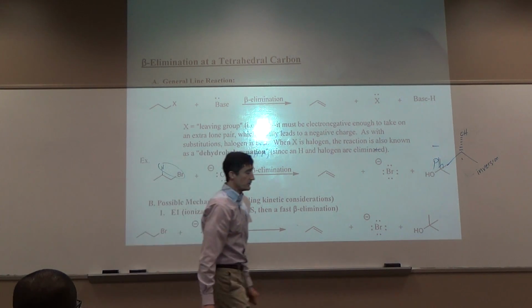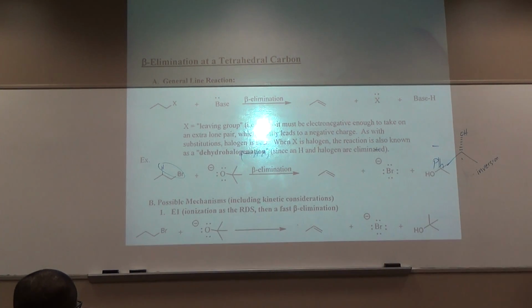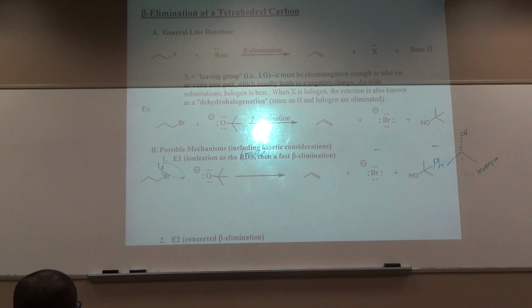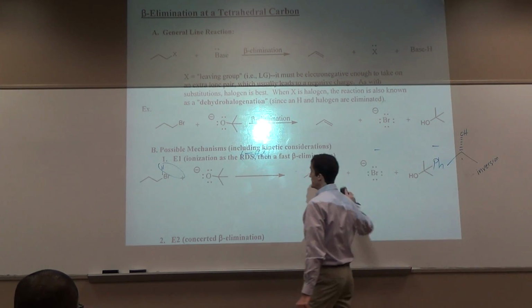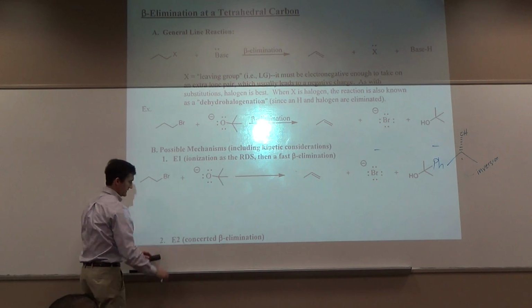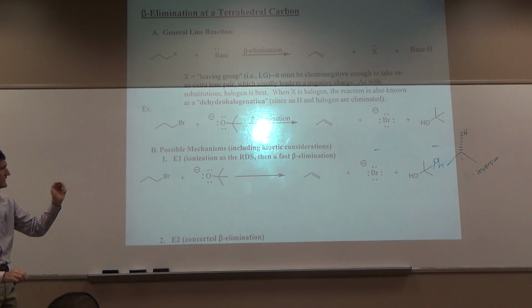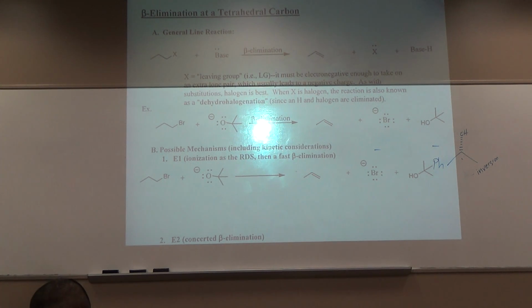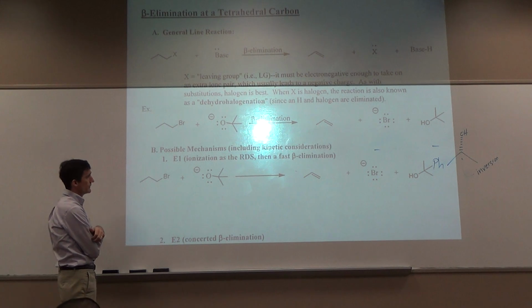Okay, so what are possible mechanisms for this? The first one we're going to do, I think here I went ahead and named it. I don't know if I did that when we did substitution. Let's do E1. And E1 goes like this.